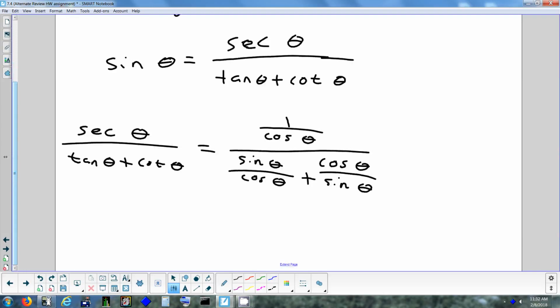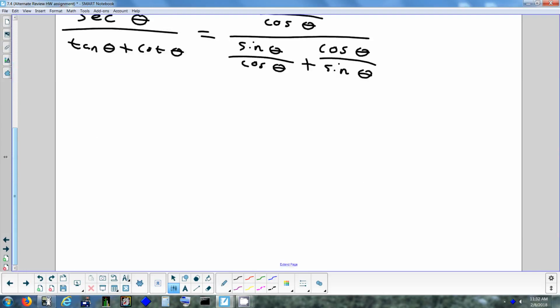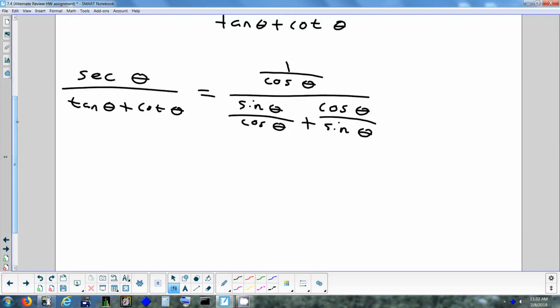Yep, find a common denominator. So we're just going to keep copying the top of this fraction down for pretty much the rest of the problem. So let's find a common denominator. It's the product of the two that we have. We have a cosine and a sine. So common denominator, cosine, sine.